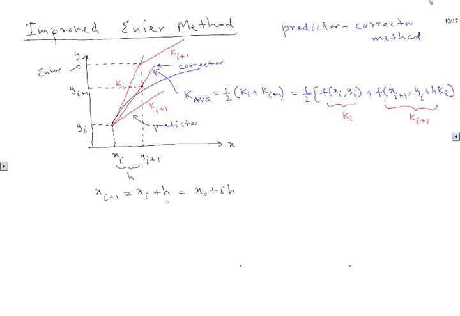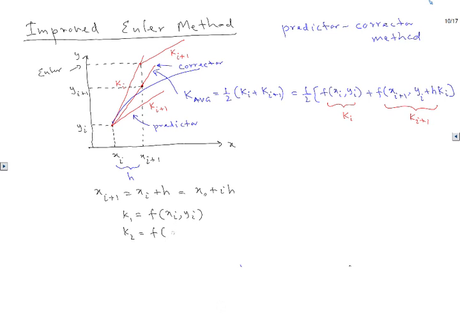Then we calculate two slopes. We calculate the k1 slope, which is simply f of x i, y i, and the k2 slope, which is the slope using the new line.